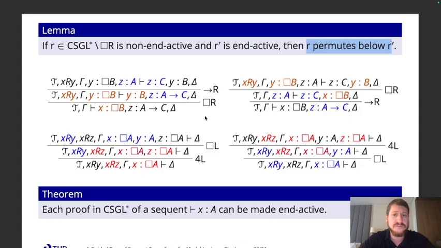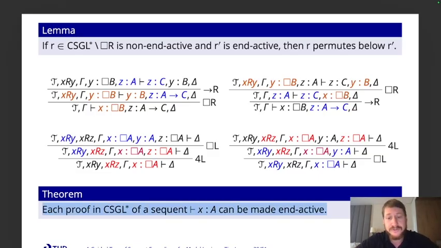I'm not going to go into too much detail about them, but on the left-hand side, we have a non-end-active application of implication right, followed by an end-active application of box right. Then we have a non-end-active application of box left, followed by an end-active application of 4 left. As shown on the right-hand side, you can permute these two to derive the same bottom sequent from the same top sequent. Okay? So using this lemma, we can prove the following theorem.